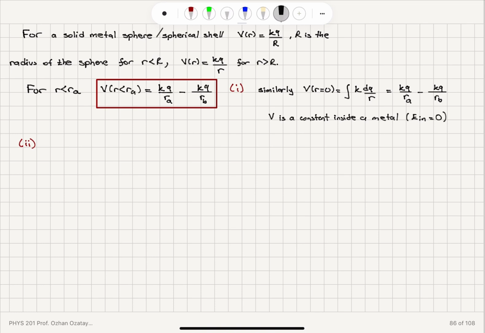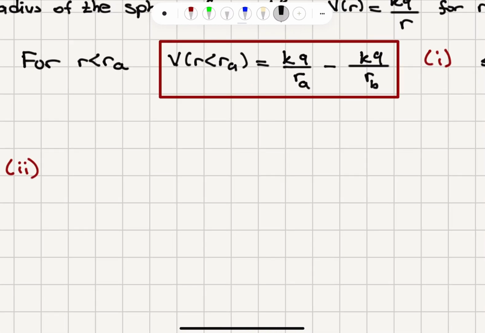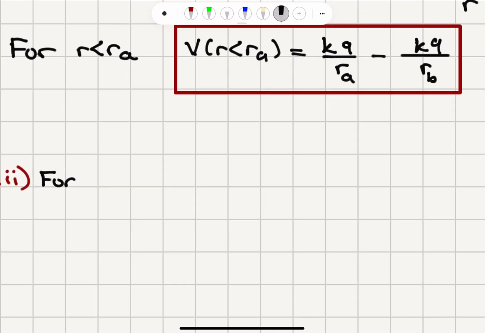Now looking at the second region, we are concentrating on a radial distance r between r sub a and r sub b.